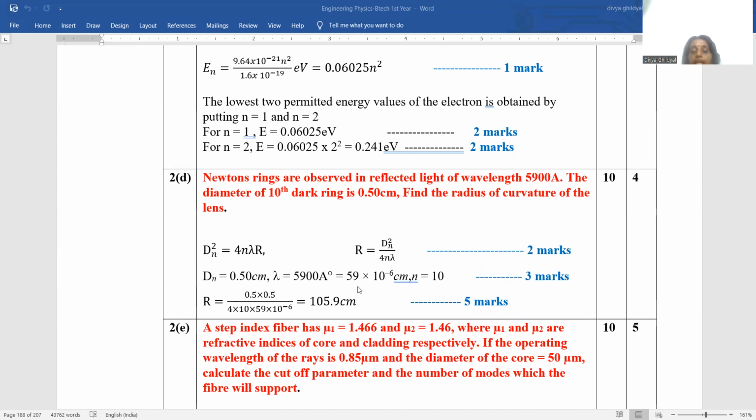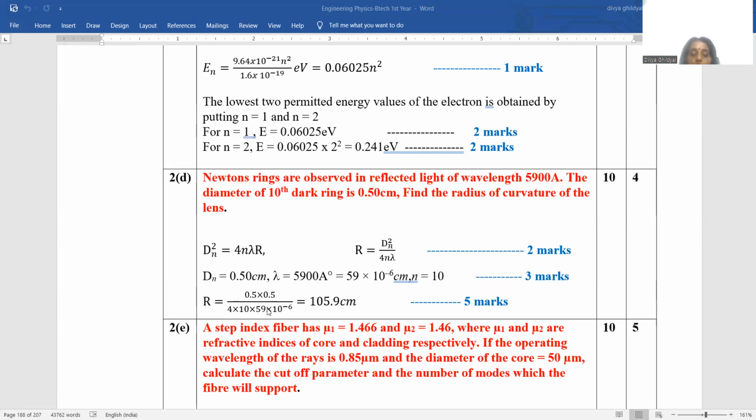That means here I have been given 5900 angstrom. I will change this into centimeter and I will put 59 into 10 to the power of minus 6 centimeter. N is 10. Till here, I will be able to fetch 5 marks.